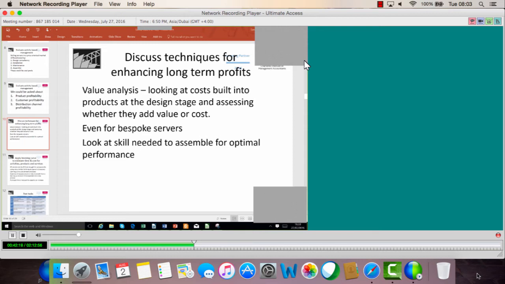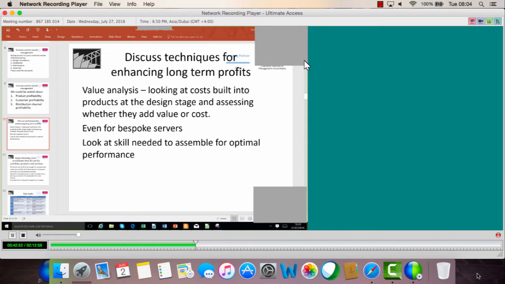So value analysis, particularly the design stage value analysis, is absolutely vital and will give us a distinct competitive edge. And we need to look at everything that we are designing into the products that we're selling and make sure that those characteristics are genuinely adding value.